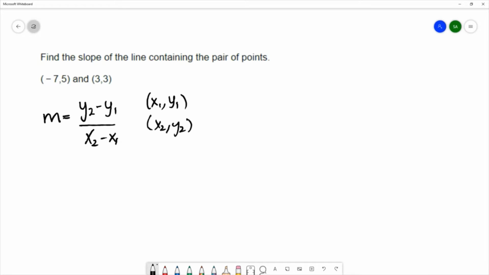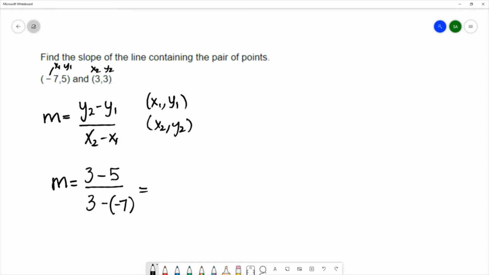So we'll label these points that we're given as x1, y1, and x2, y2, and use the formula to calculate the slope. So for our slope, we have y2 being 3, minus y1 being 5, over x2, which is 3, minus x1, which is -7.